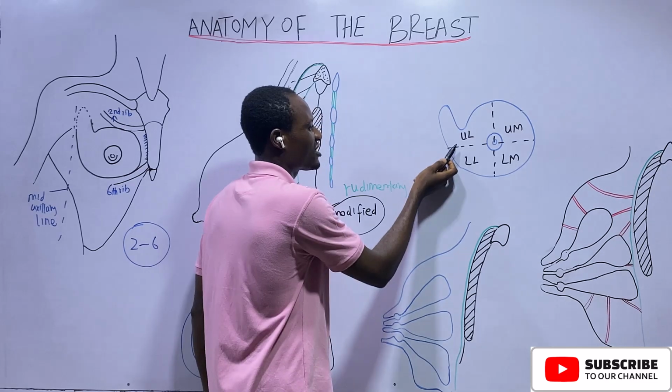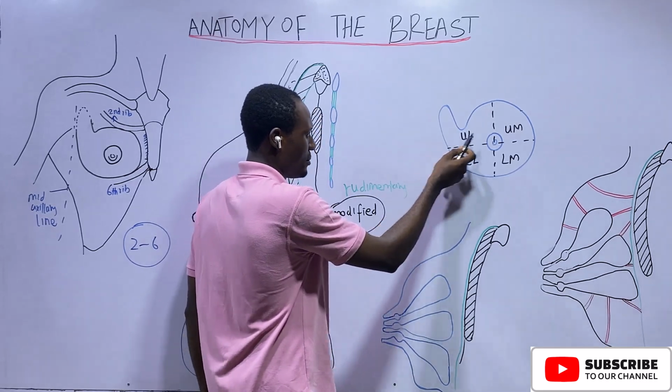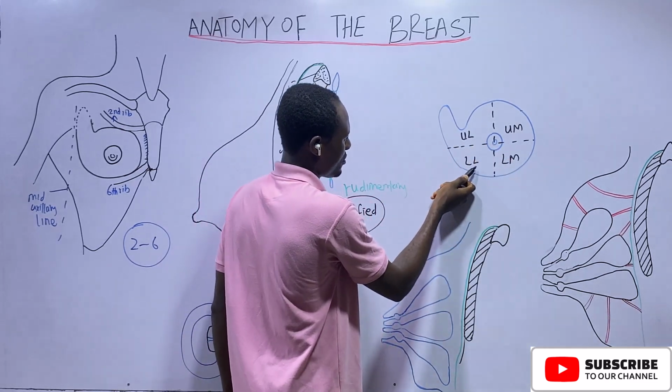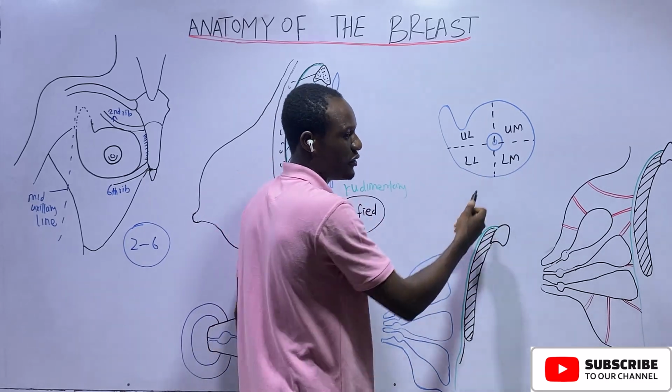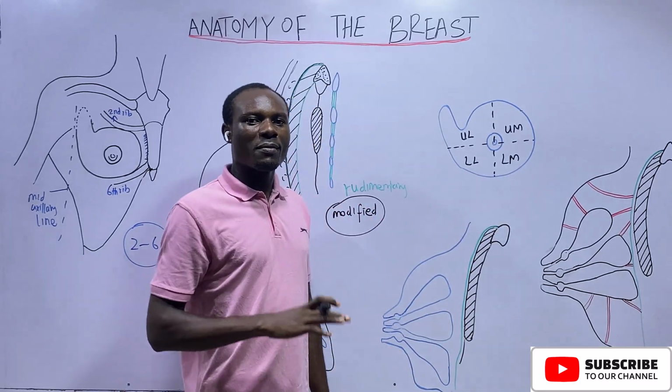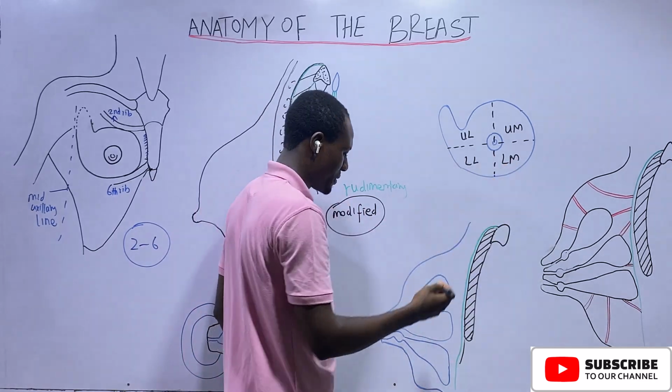You could also call them superior lateral, superior medial, inferior lateral, and inferior medial quadrants. Always remember that these lines are imaginary.